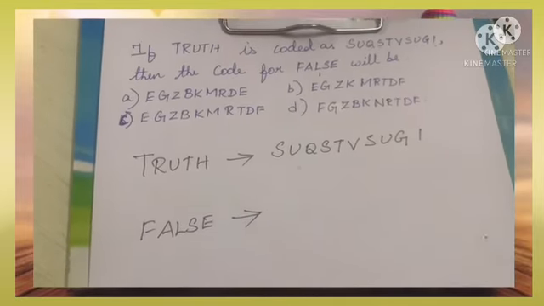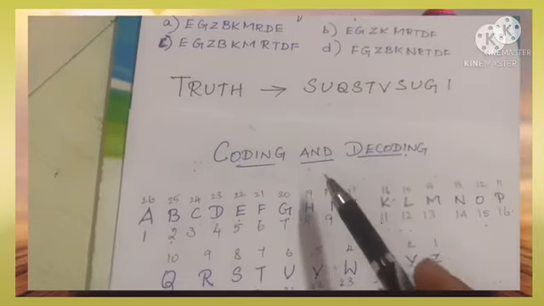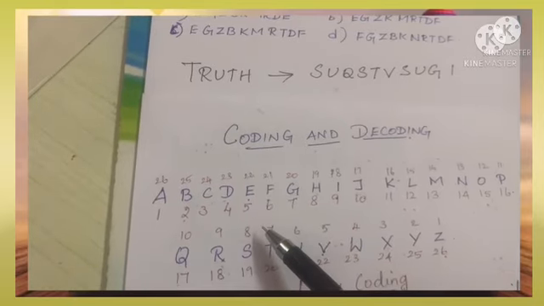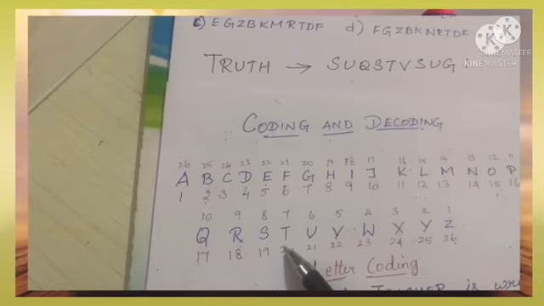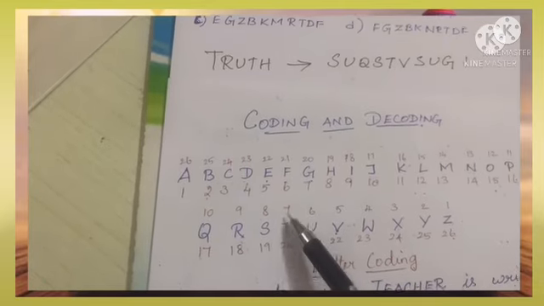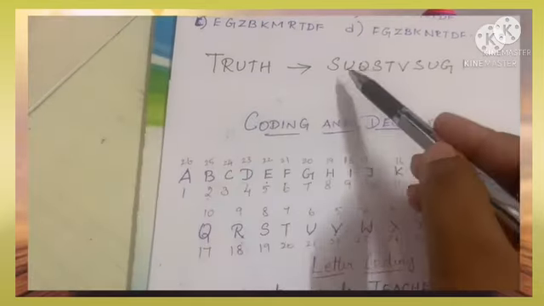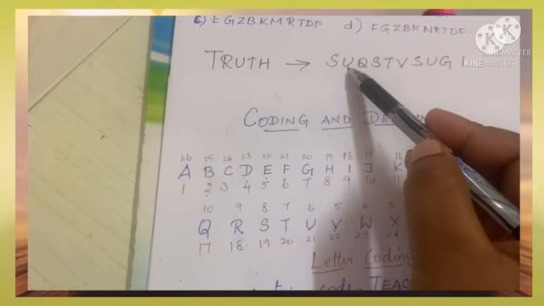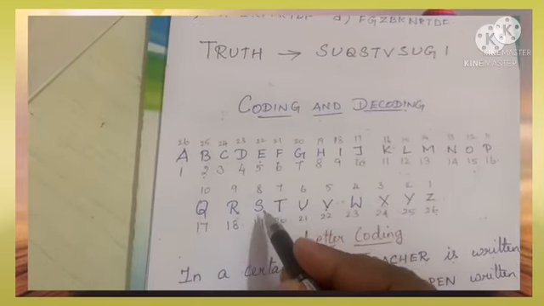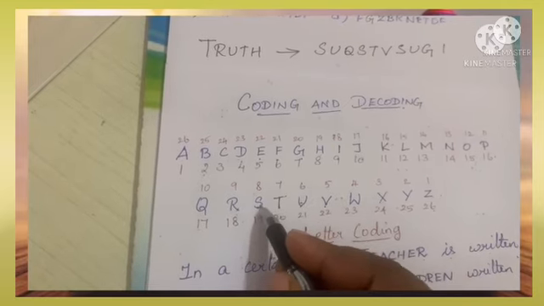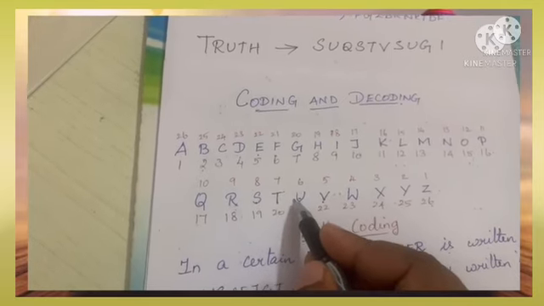Okay, now let's check with the alphabets. So T. Can you see T is present here, and the letters we have here are SU. So it means T is there in the center and we have taken the other two letters.